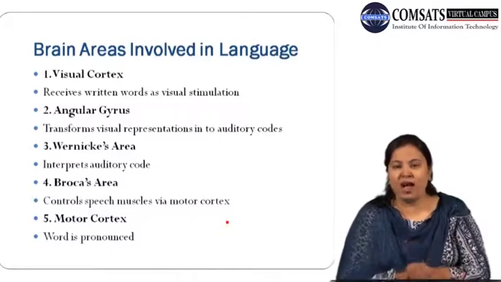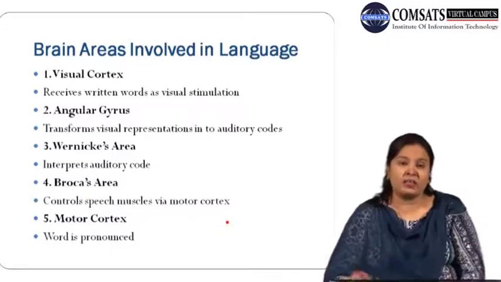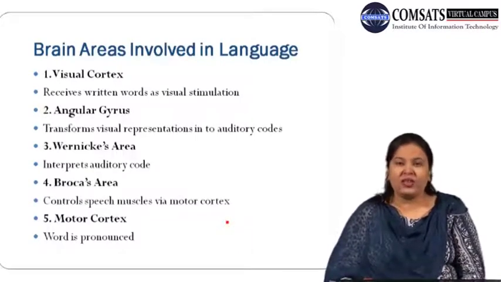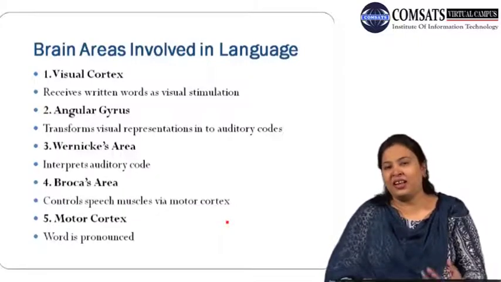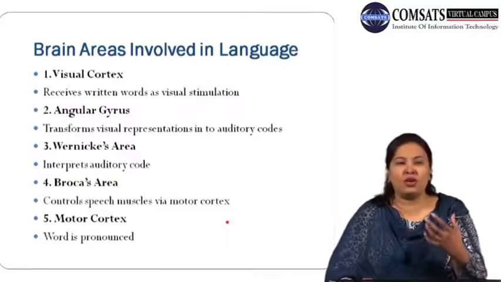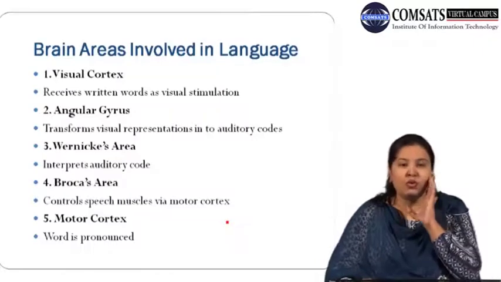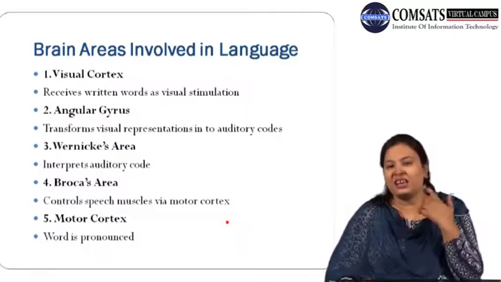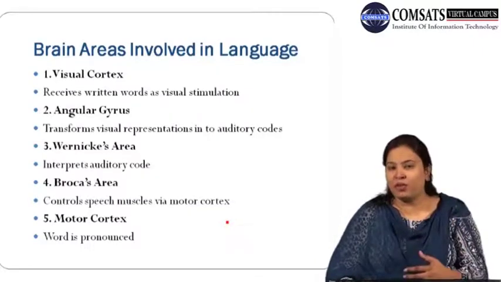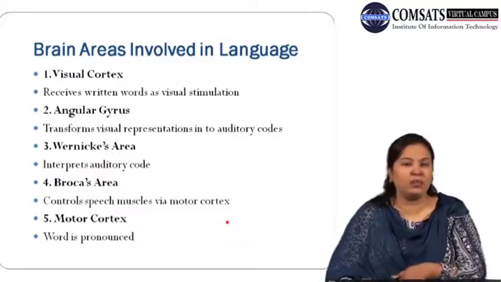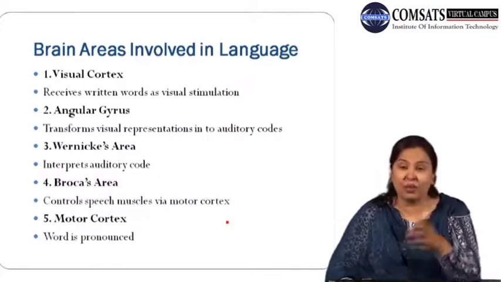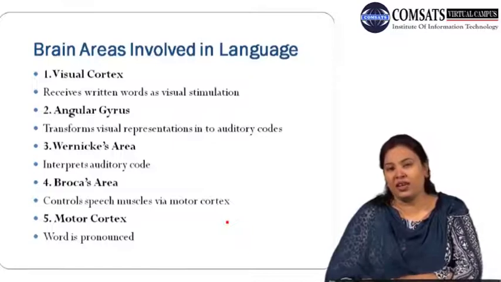So these are the five major areas with respect to language: understanding, interpretation, production and reception of language, not only auditory with the help of auditory organs, but also with the help of visual organs.